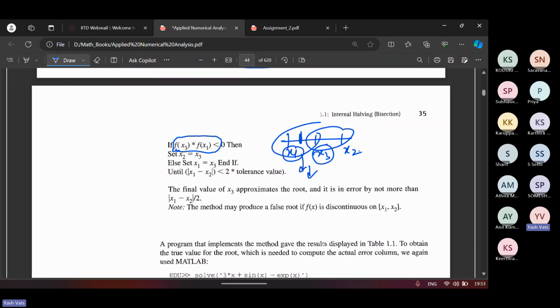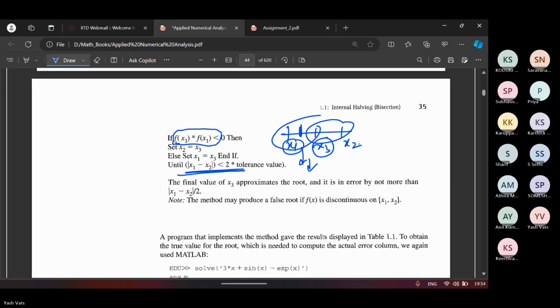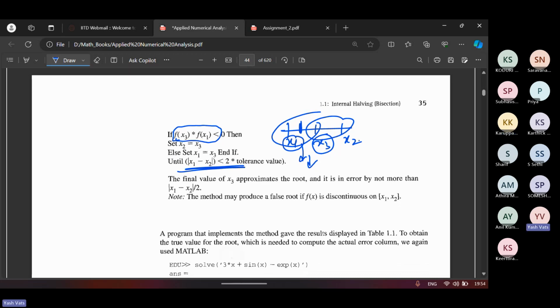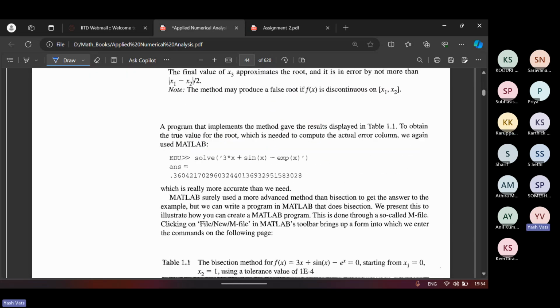So you need to specify some tolerance level, like some error bound between the last two iterations, like the difference between x1 and x2 should be less than some tolerance value. Or the difference between the first iteration and second iteration, maybe this.